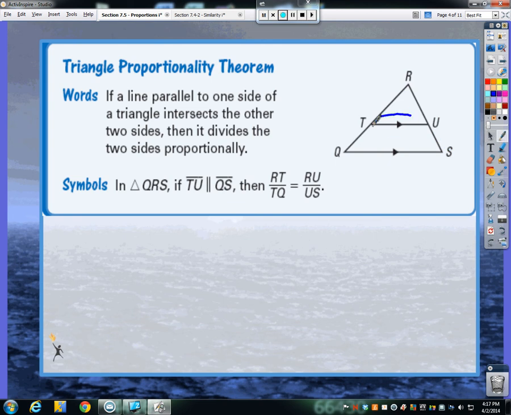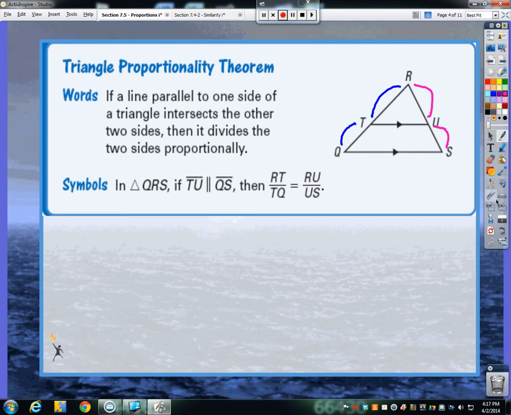So if the non-overlapping pieces happen to be parallel, then what we can do is take this piece over this piece as one ratio and set it equal to this piece over this piece that got split up as a ratio. Okay? So again, this says RT, which is that little piece, over TQ, which is the leftover piece, is equal to RU, which is the right side of the small triangle, over the leftover of the bigger right side.